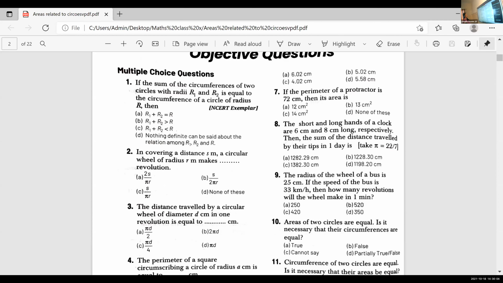Try the first question. What is the first question? Read the first one. If the sum of the circumferences of two circles with radii r1 and r2 is equal to the circumference of the circle of radius r, then what is the option?